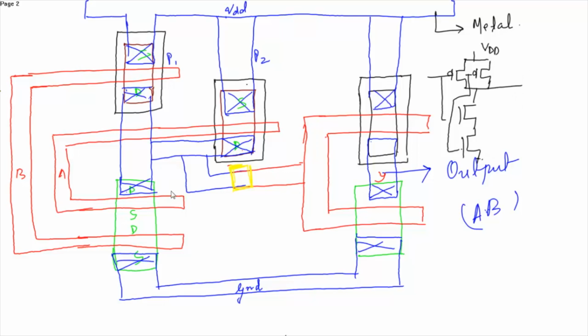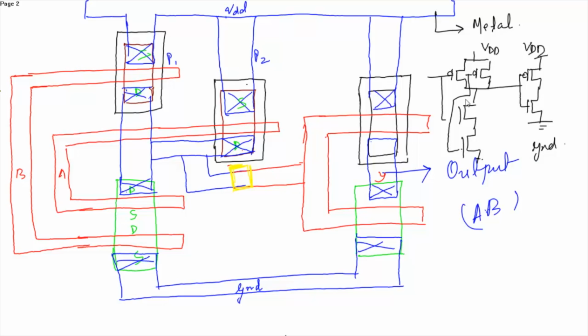As these two are shorted, common output, this is given to ground. From here VDD, this is ground.